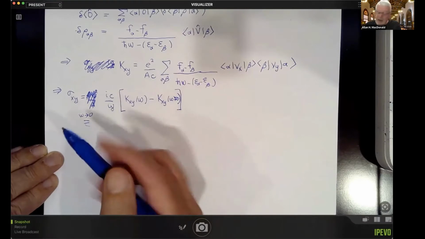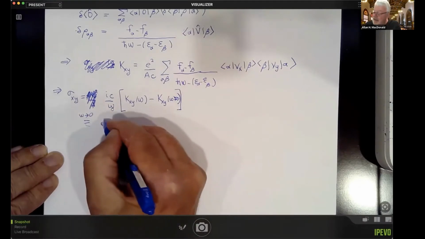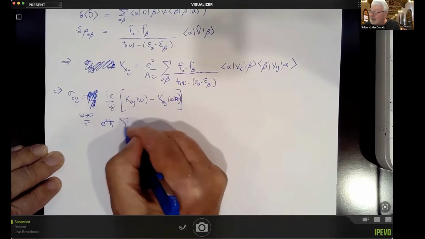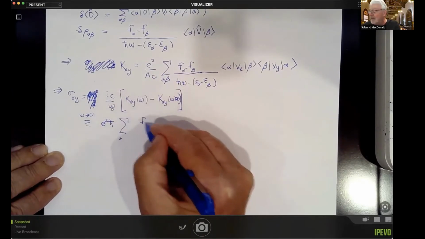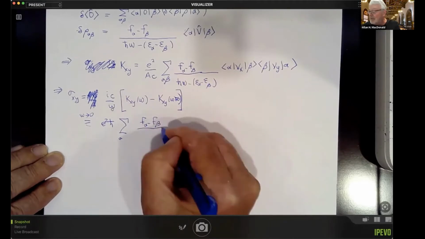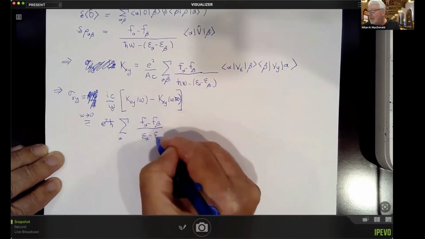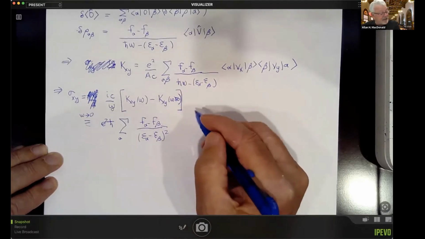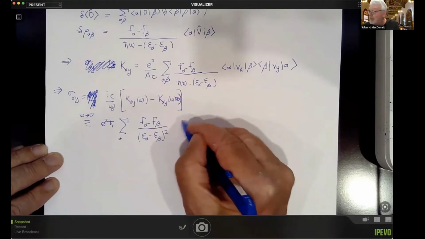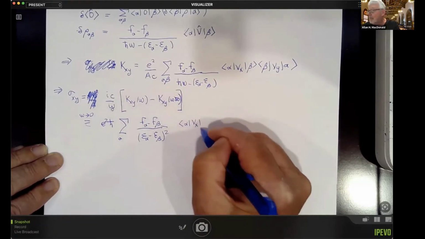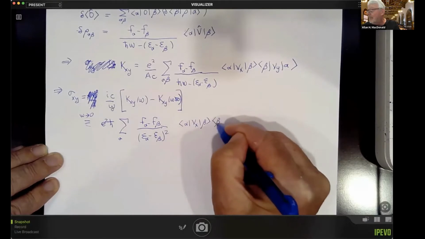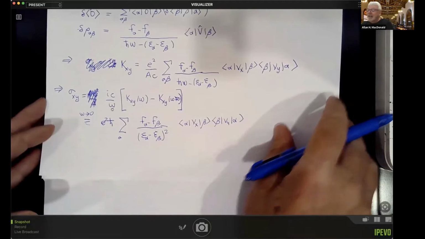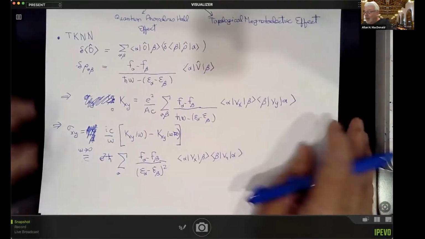So what you get when you do that is an expression which now becomes difference between occupation numbers, energy denominator in the 0 frequency limit squared, and again, this combination of velocity matrix elements. Okay, so that's an expression for the Hall conductivity that applies always.